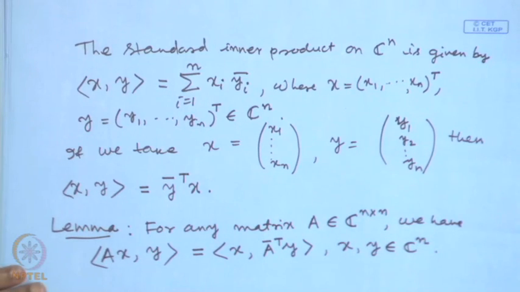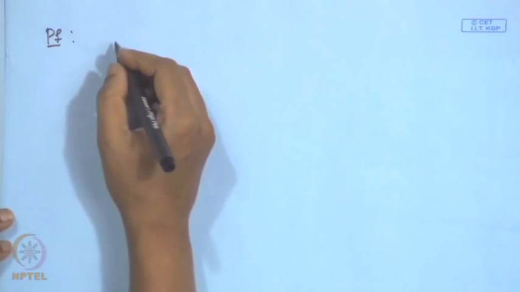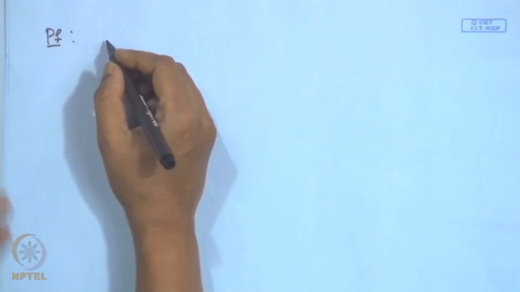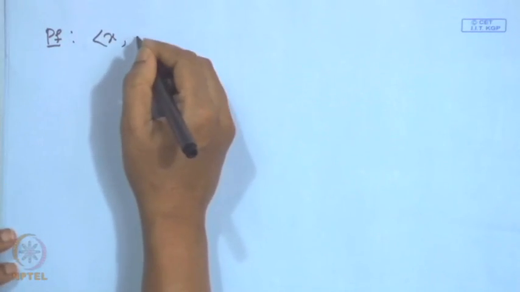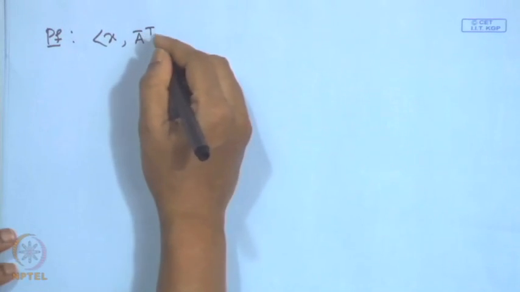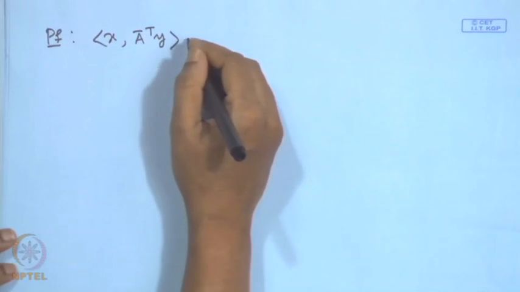So, this is quite useful. Of course, it is not difficult to check this. Easily one can verify like this. Let us start with the inner product of x and A conjugate transpose times y.